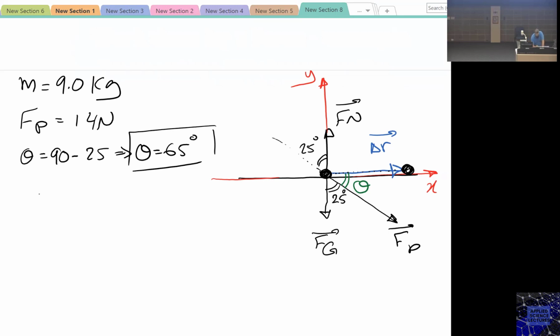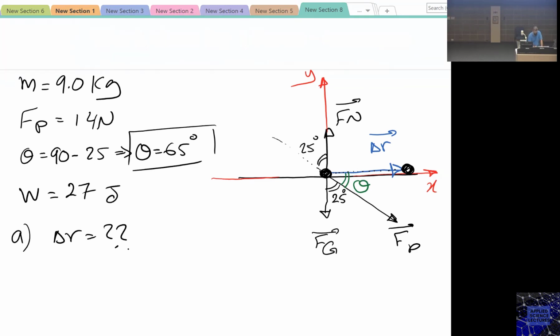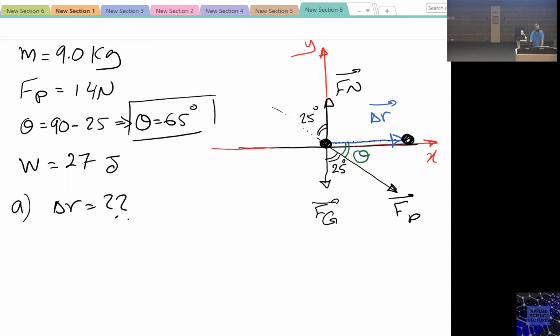What else? I have the work as 27 joules. I need the displacement. So I'll put the expression, which is W for the force. W is Fp, the magnitude of the total force, times delta R times cosine theta.